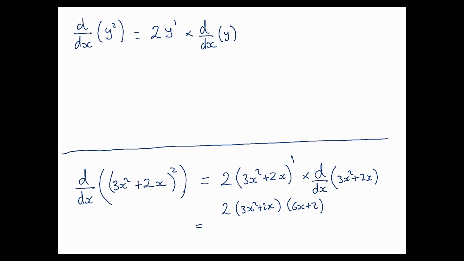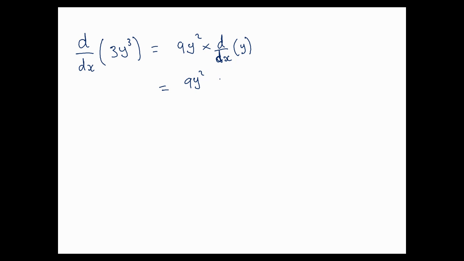And from my previous video, you will have seen that that would be just dy dx. The differential of y with respect to x is going to be dy dx. So y squared differentiated with respect to x is going to be 2y dy dx.